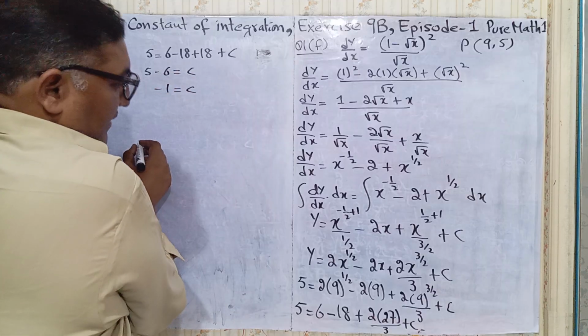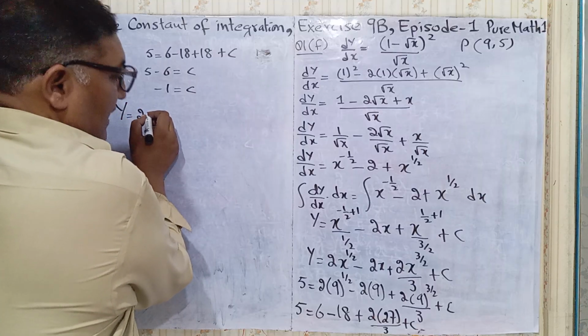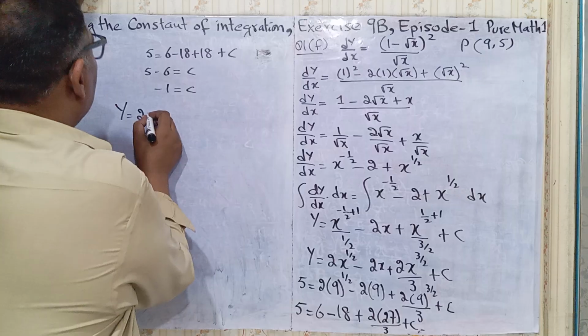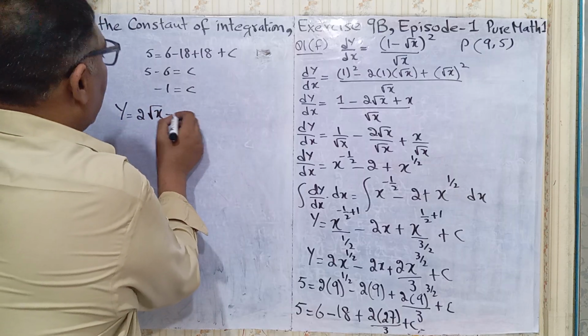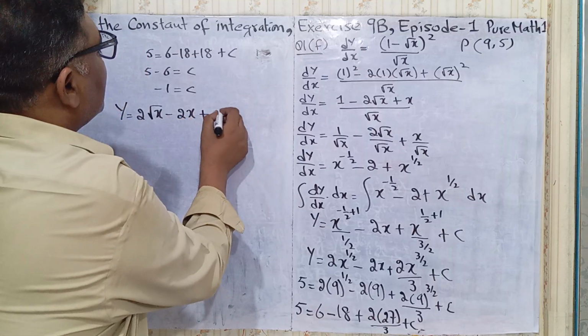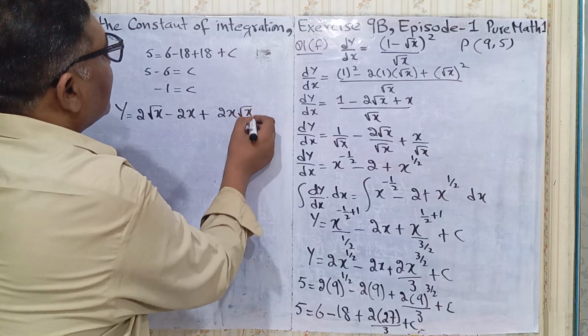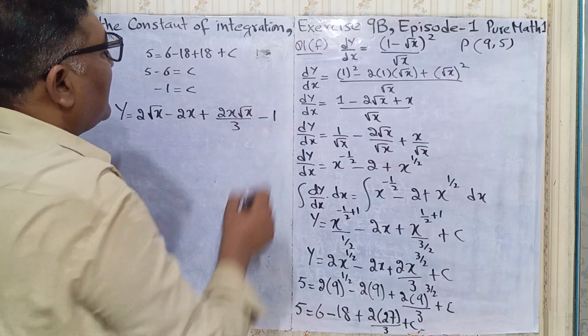So my equation will become y equals 2 under root x, minus 2x, plus 2x under root x divided by 3, and then minus 1.